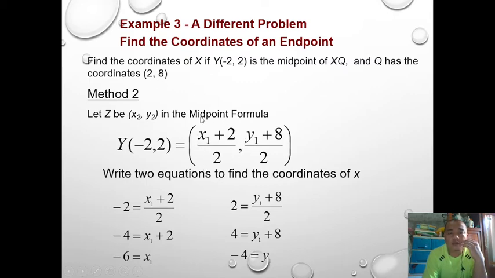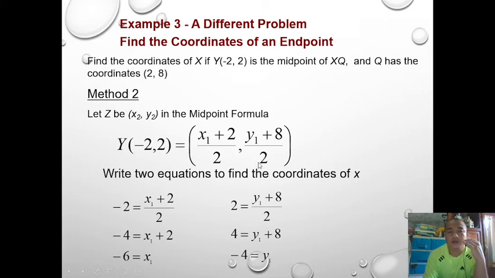X sub 1 plus 2 all over 2 will be equated to negative 2, and y sub 1 plus 8 all over 2 will be equated to 2. So negative 2 equals x sub 1 plus 2 all over 2. Multiply both sides by 2: negative 4 equals x sub 1 plus 2. So x sub 1 is negative 6.